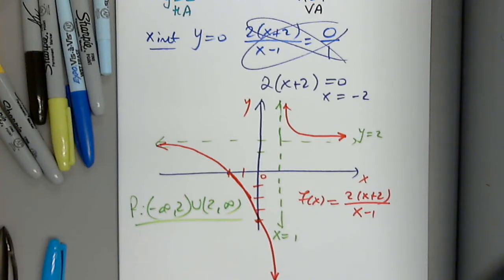But if I put a bracket, the function is defined at that point. There is an x value that makes y equals 2, but there isn't one. Is that clear? It's like the range, like the domain. Domain is -infinity to 1, parenthesis, union 1, parenthesis, to infinity, because 1 is not there.